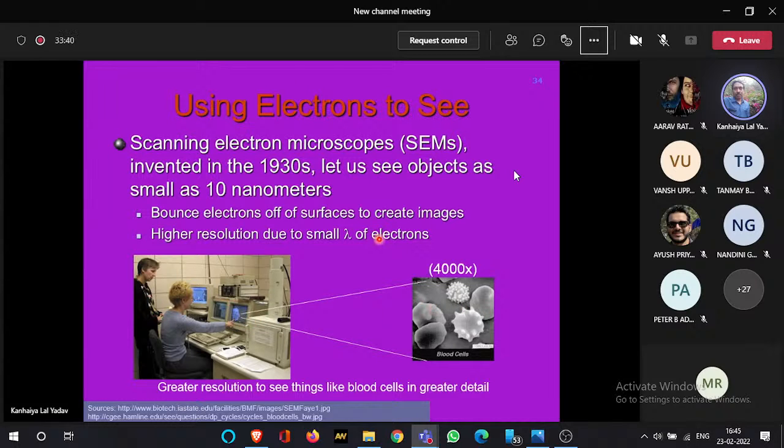The wavelength is around 10⁻⁵ times smaller than visible light, and you remember the visible light wavelength range is 400 to 700 nanometers. So in the SEM it is 10⁻⁵ times smaller than that. That's why you are able to see better resolution here.